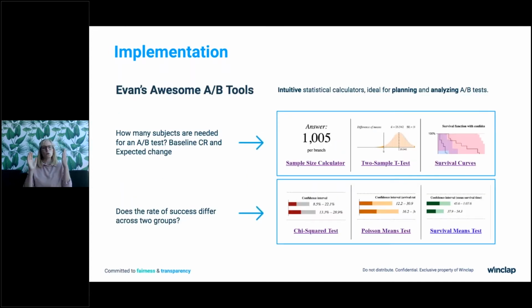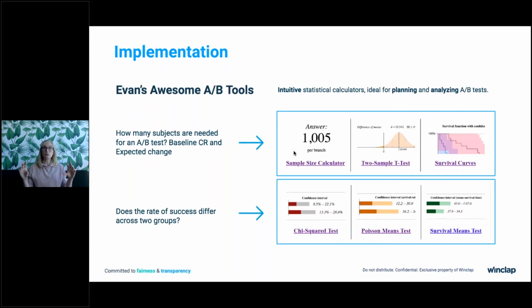So here you have one tool that helped us a lot, which is Evan Miller's online calculator. You can search for Evan Miller on Google and you can find it. There you have two different tools that you can use. This first one, the sample size calculator, will help you understand, based on the baseline conversion rate you have and the lift you want to detect, which is the sample size you need to have, okay?